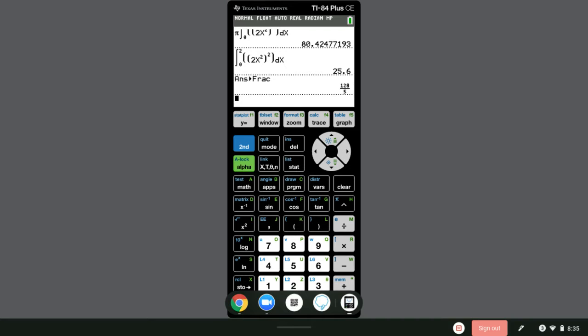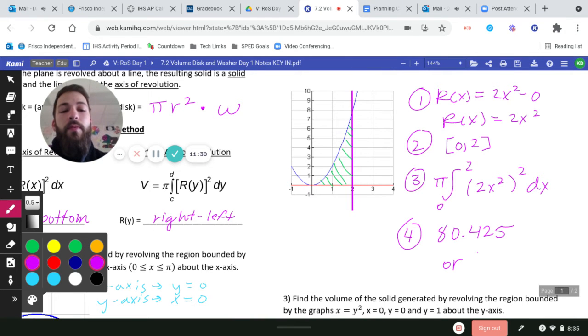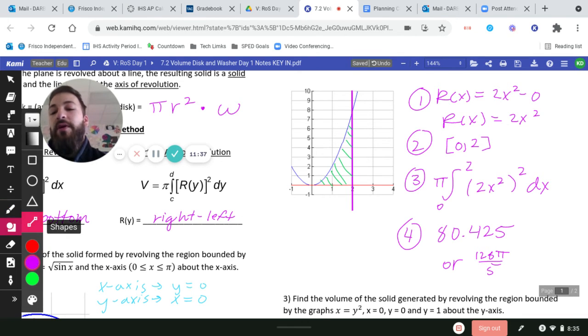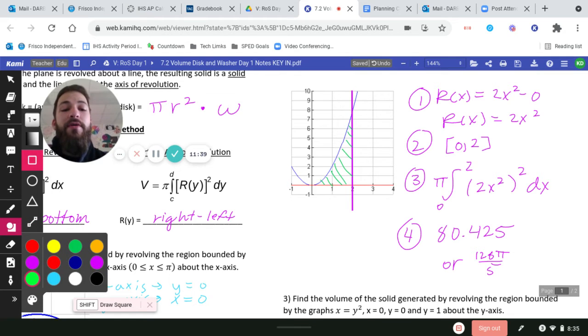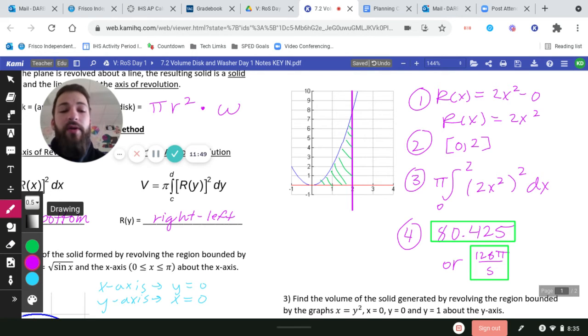So it is also 128 pi over 5. So you can always not multiply by the pi until the end if you need to leave pi in your final answer, which they'll either state that or it will be a multiple choice question and you'll see all the answer choices in pi. So either or.